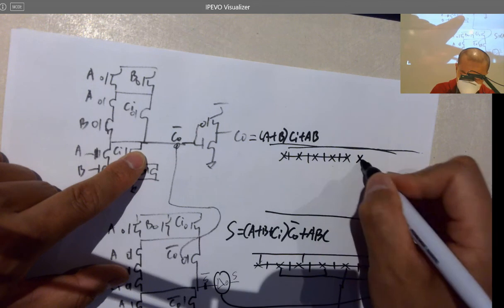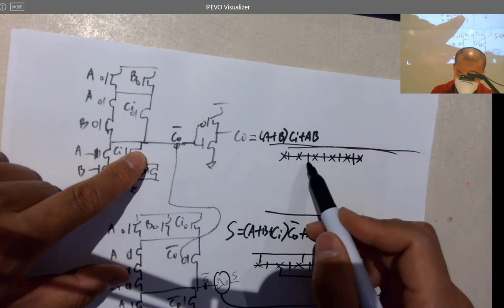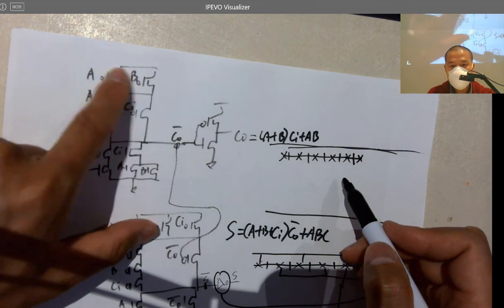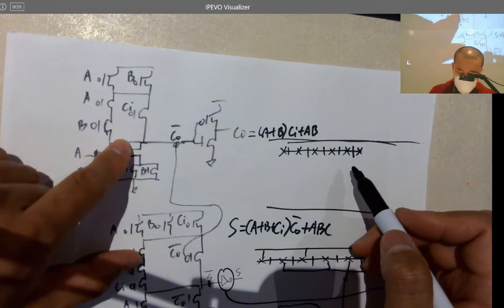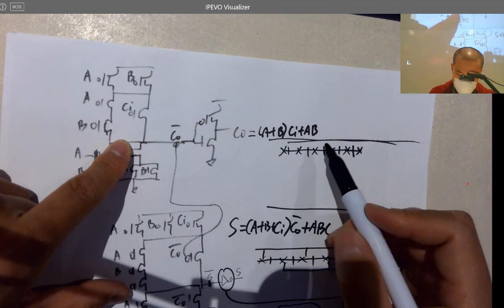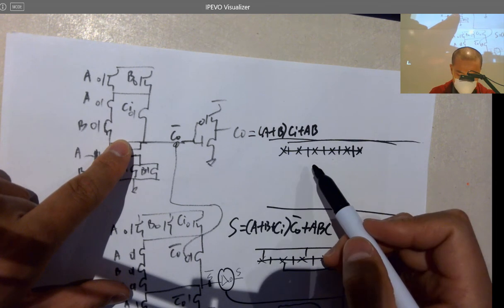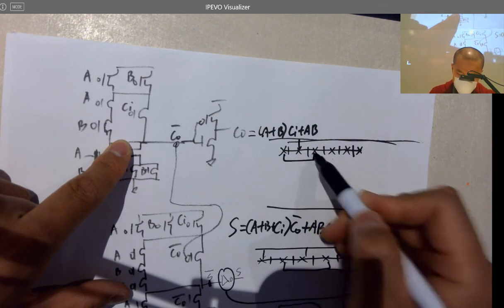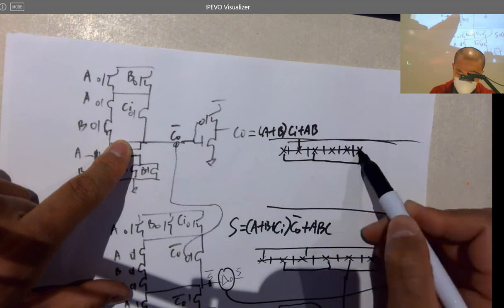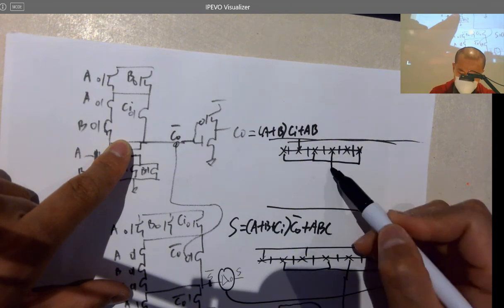Oh, we need a 5 actually, right? 5. 2 in parallel first, and then 2 in series. Okay, yes, we can do it. 2 in parallel first, and 2 in series, and 1 in parallel to get this.